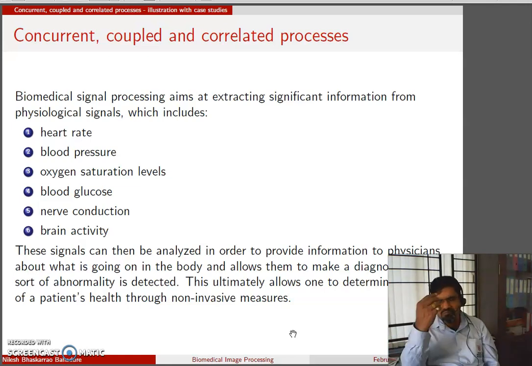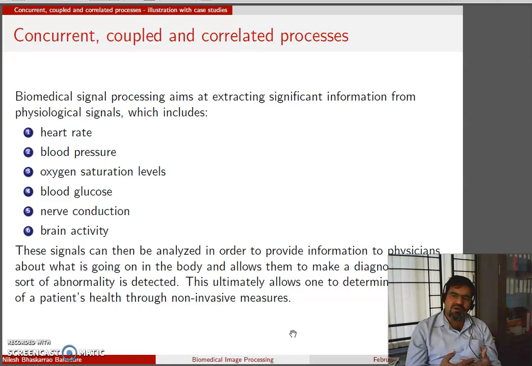You have to detect the oxygen saturation level, whether it is at the appropriate or suggested level or not. And if it is not, you have to apply some therapy. Clear? Again, to measure the brain activity, whether the brain is functioning normally or not, you have to detect some parameters from the brain, and then make some analysis on that.